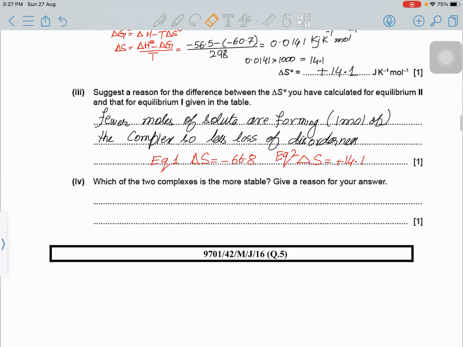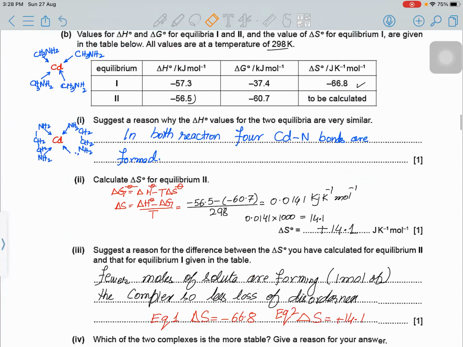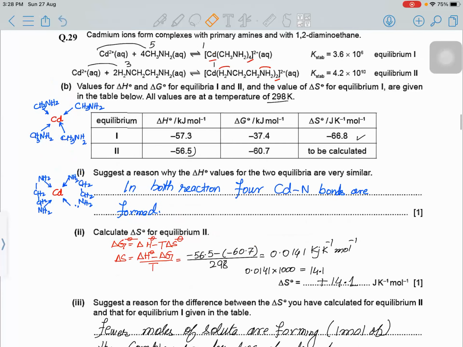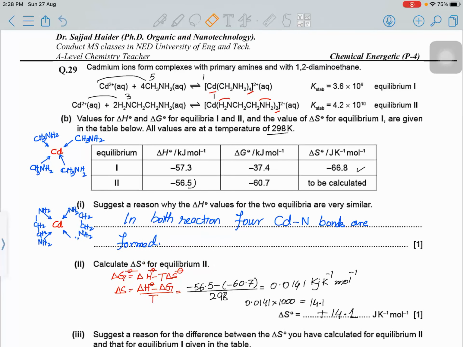Now second, which of the two complexes is more stable? Which one has more delta G? Beta, which one has more delta G? Second, sir.